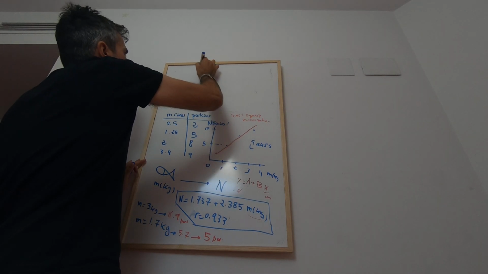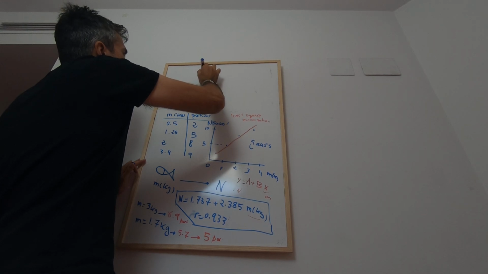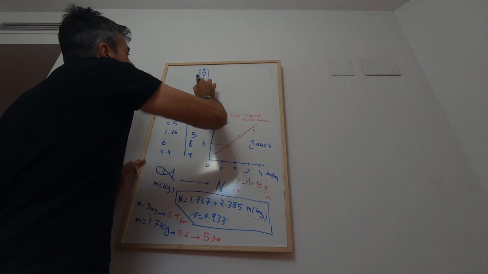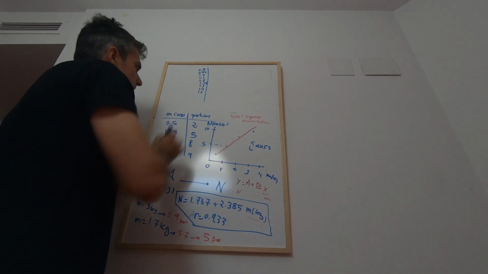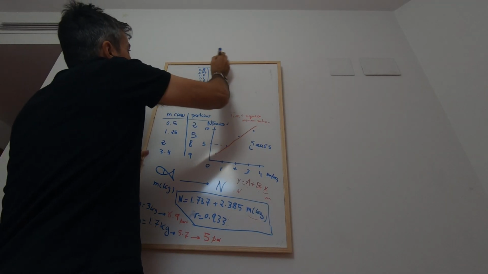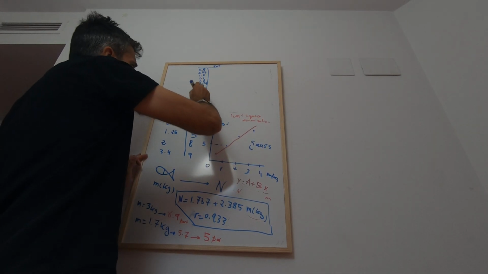So I start with 0.5, now 0.75, 1 kilo, 1.25, 1.3, 1.4, 1.5, any value, 1.7. How can we get all the number of portions that you can get?